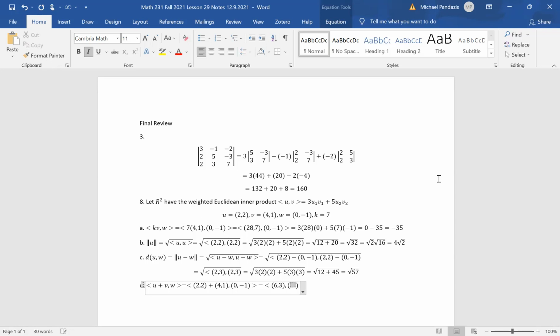This is 0, negative 1. So you're taking the inner product of those two things. The first weight is 3, so it's 3 times 6 times 0, plus 5 times 3 times negative 1. And that's equal to 0 minus 15. That equals negative 15.